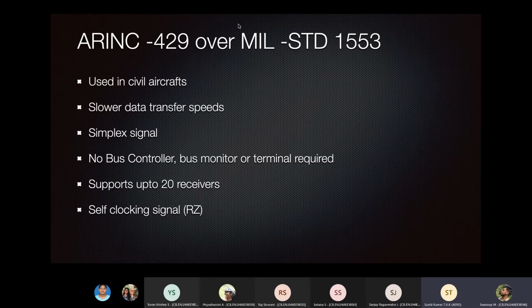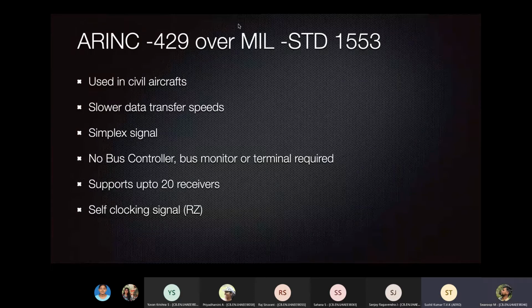It has no bus controller, bus monitor, or terminal required, and supports 20 receivers. The signal is self-clocking, that is, return to zero, which means even if you have continuous high voltage or low voltage, it returns to zero every pulse.